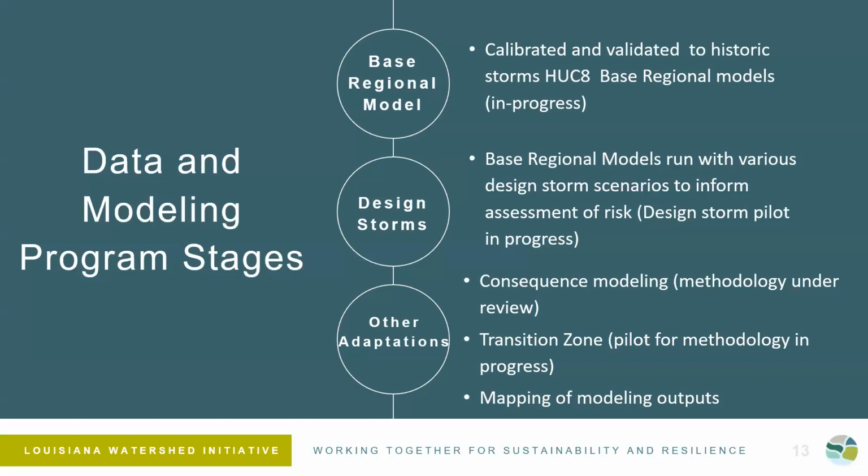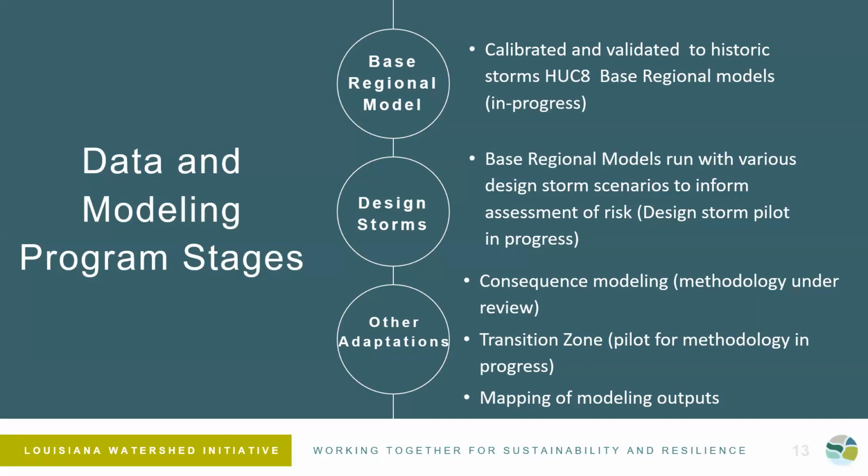Okay, so that base model, as we talked about, is calibrated and validated on historic storms. We're currently heavily into that process. We're still aiming for the end of this year for calibrated and validated events statewide, or models, with some of those tie-in documents in the end might be a little bit behind, but we can at least start using the models at a high level at that point to evaluate different things. We'll then add in those different design storms that we're talking about.